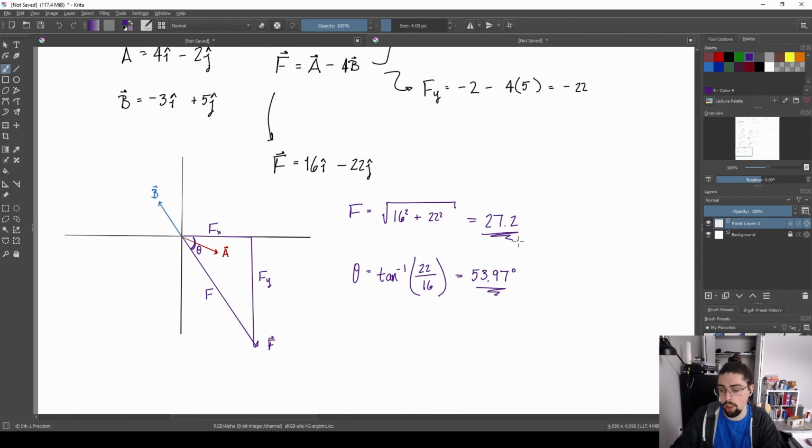I'm going to call that 53.97 degrees clockwise from positive x. You could even say, if you draw out the picture like this, that theta is equal to 53.97 as on picture. That would work just as well. And then if we need to break that up, we can look at the picture and figure it out ourselves. However you would like to do those things.